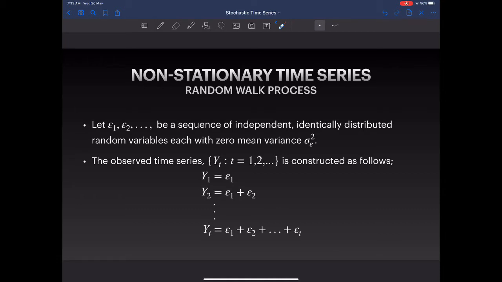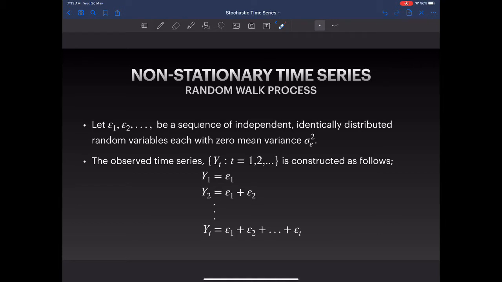Suppose that now we have a sequence of error terms, where our error terms are random variables with zero mean and variance equal to sigma square.